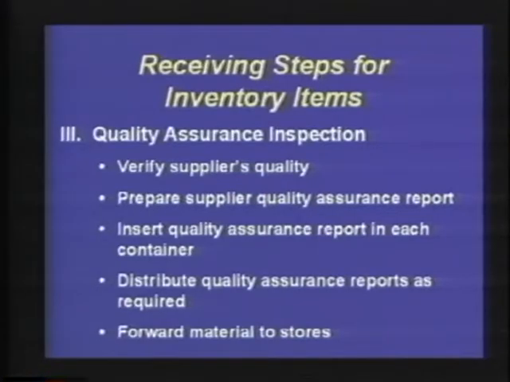A lot of companies will use the receiving report and have the receiving inspection activity noted on the receiving report that we discussed in step number 2 on previous page 13. This way you have a complete comprehensive audit trail of all of the activities relative to the receiving activity.